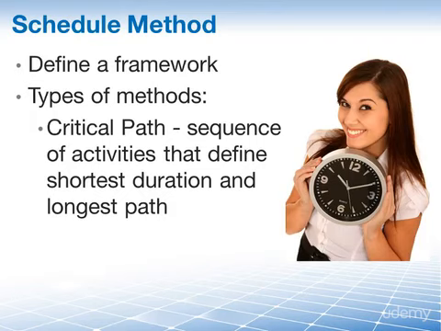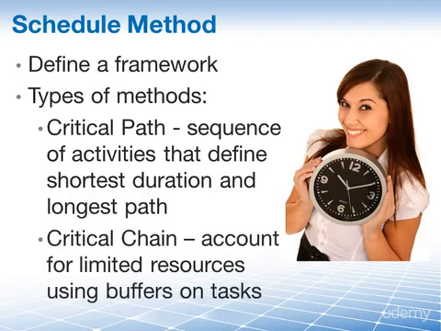If altered, the critical tasks will directly affect project duration. And then there is the critical chain method, which allows the project team to place buffers on any critical tasks on the critical path to account for limited resources and project uncertainties.